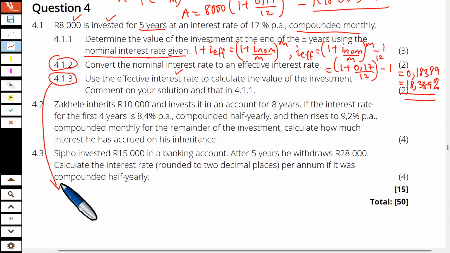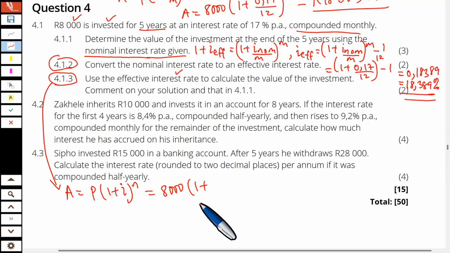So for the annual rate now in 4.1.3, we're going to use the formula A equals P into 1 plus i to the power n. What is the present value that is being invested? They're investing exactly 8,000, times 1 plus, what is the effective interest rate? Right, we've already got it. You can put the 18%, but we put the decimal after division by 100, which is 0.18389.